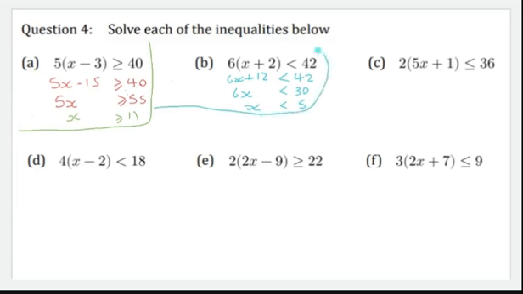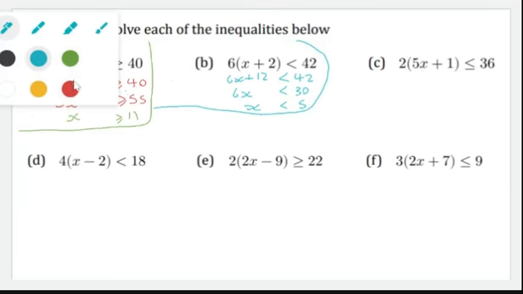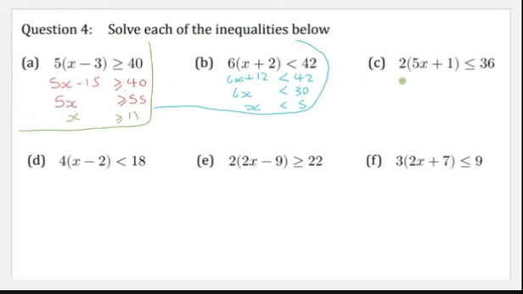So the next one, I got 10x plus 2 is smaller than or equal to 36. So I minus 2 from both sides. So that's 10x is smaller than or equal to 34.